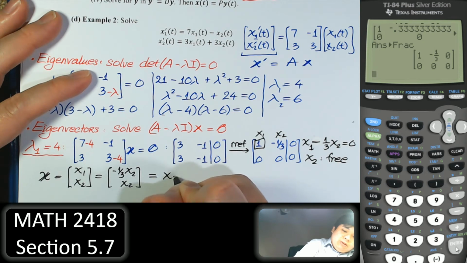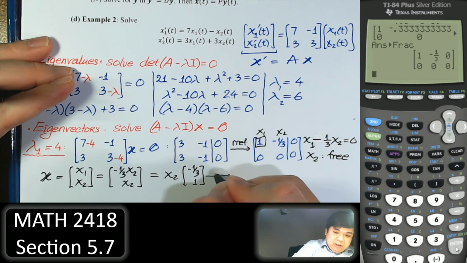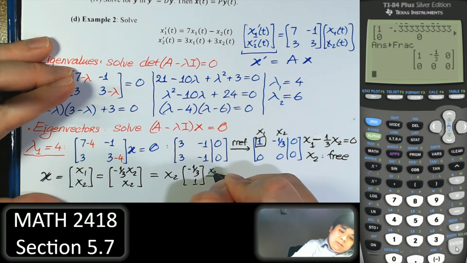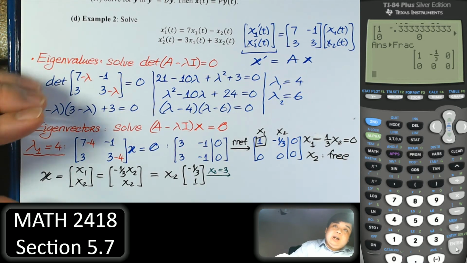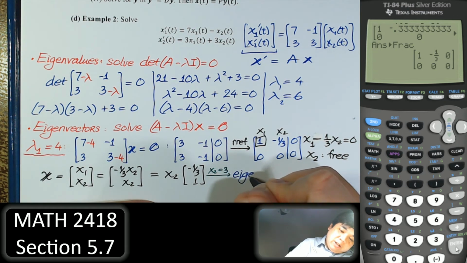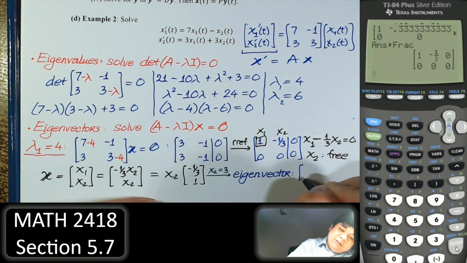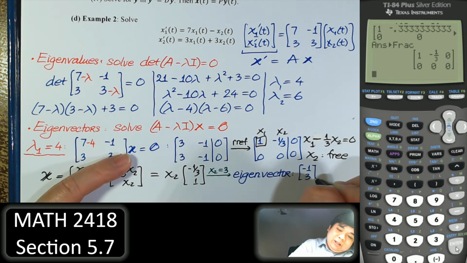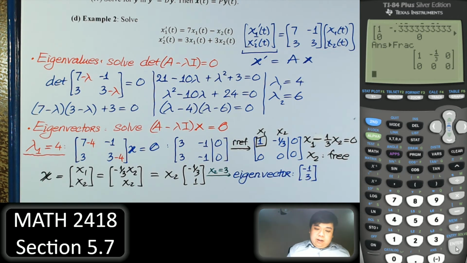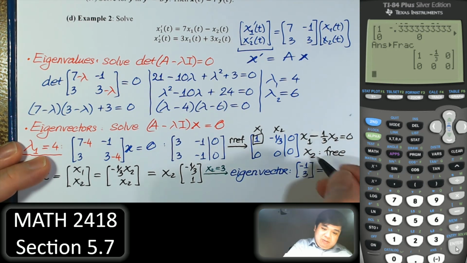Factor out x2 and multiply by 3. And let x2 equal to 3. We have the eigenvalue, have eigenvector of 1 and 3. Right. By the way, let this be v1. It doesn't matter. That's it.